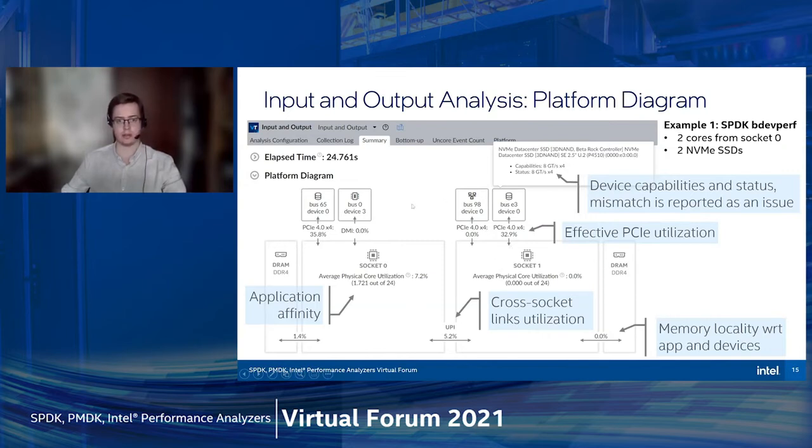This is the topology picture that shows you all the sockets your processor has. It shows which devices were active during the collection run, and it shows you some utilization metrics on top of this picture.